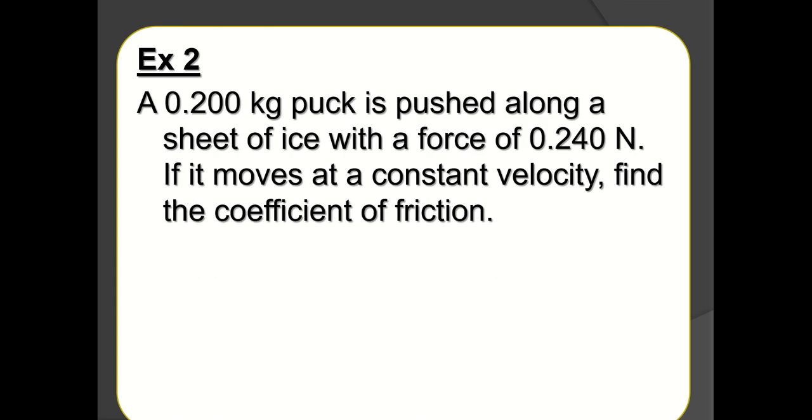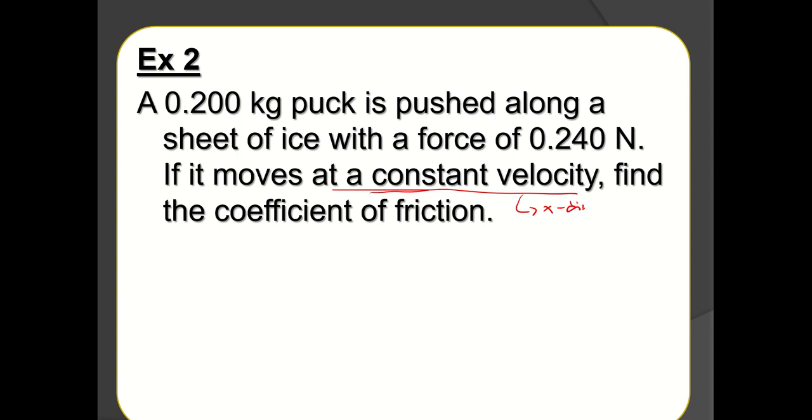This one says a 0.2 kilogram puck is pushed along a sheet of ice with a force of 0.24 newtons. If it moves at a constant velocity, find the coefficient of friction. Here it doesn't say if it's moving along the x or the y, but obviously a puck on ice is going to be moving along the x direction, right?